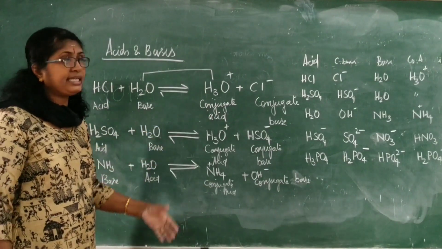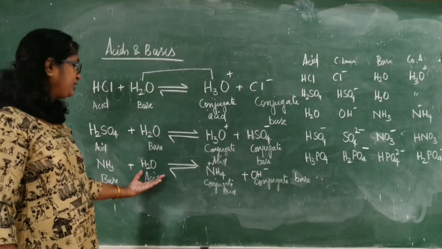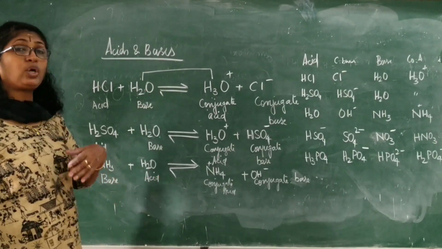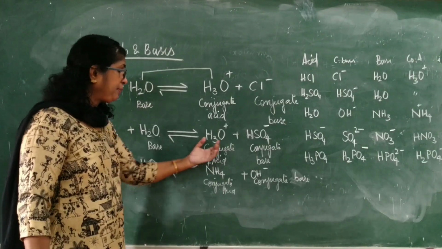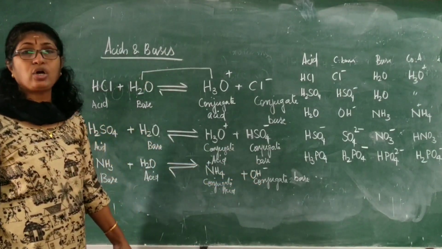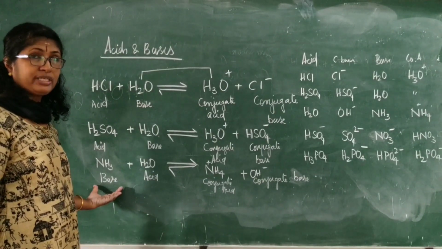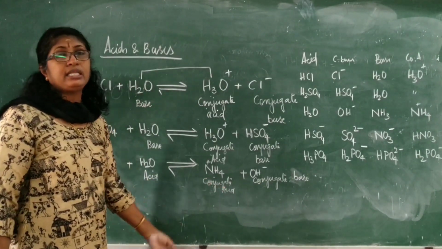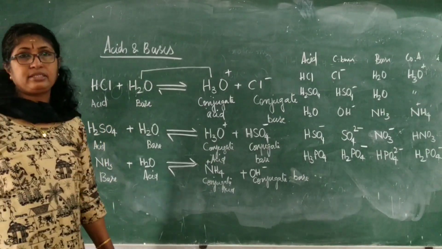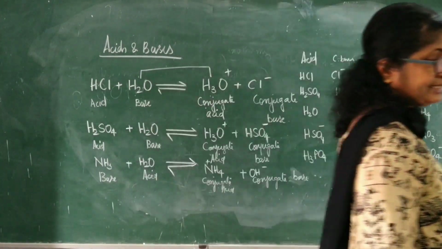Its conjugate acid is H3O plus. Ammonia plus H2O. Water is donating a proton, so it is the acid. It donates a proton and becomes OH minus, the conjugate base. NH3 is accepting a proton, so it is a base. It accepts a proton and becomes NH4 plus, the conjugate acid. So this is the Lowry-Bronsted concept of acids and bases.